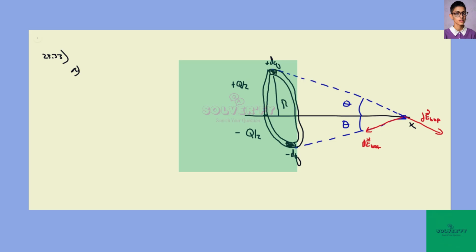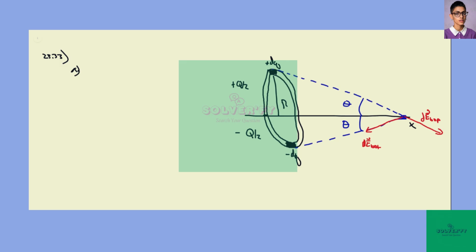Okay, so if you can see this element I have shaded black here on the top, it's just a small point of charge, positive dq, and at the bottom every point is going to have negative dq, a small amount of charge. And each of these points are diametrically opposed across the ring.